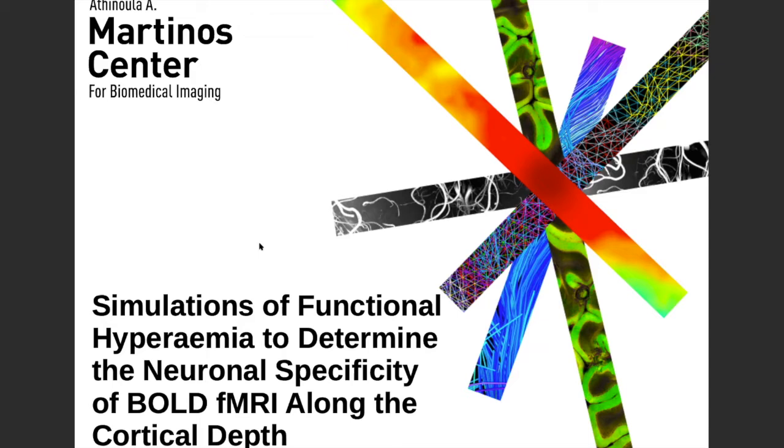One very common approximation is functional hyperaemia, that you see here in the title. Functional hyperaemia means that you only care about the changes in the blood flow and in the vascularization.